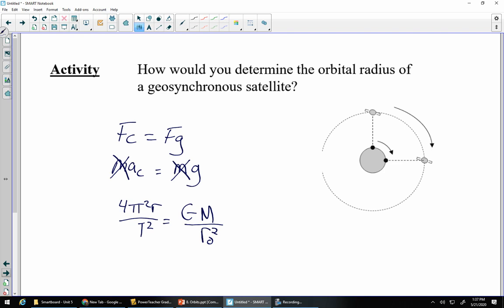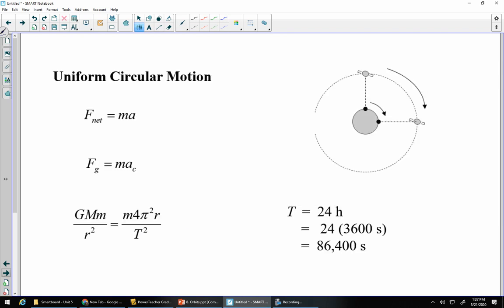Question is, period is missing, so all we really got to do with this is, one, rearrange and solve for the orbital radius, and two, maybe in the other order even, figure out the period. So first and foremost, period's fairly straightforward. Right? Period's not too bad. 24 hours, it's 1 day, there's 3,600 seconds in an hour, so we can figure this out. This is done a little bit differently, but we see the same thing.